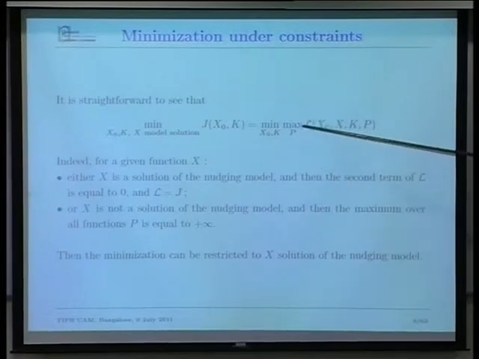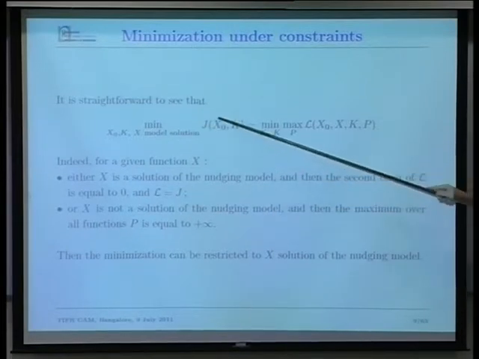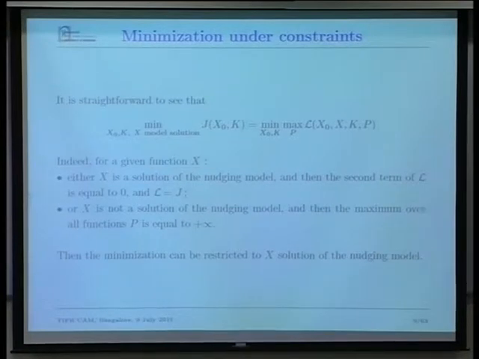Okay, so minimizing something that is equal either to J or plus infinity is simply the minimum of J under the constraint that x is a model solution. So we are looking for a saddle point of the Lagrangian.